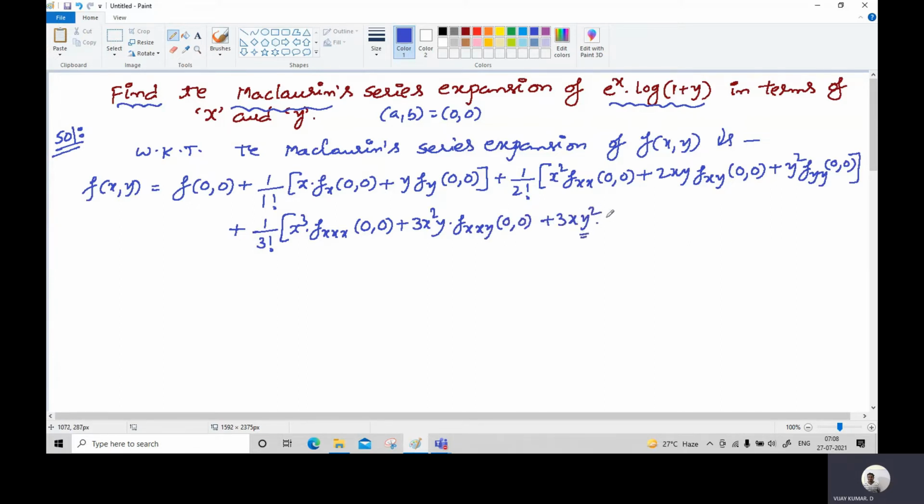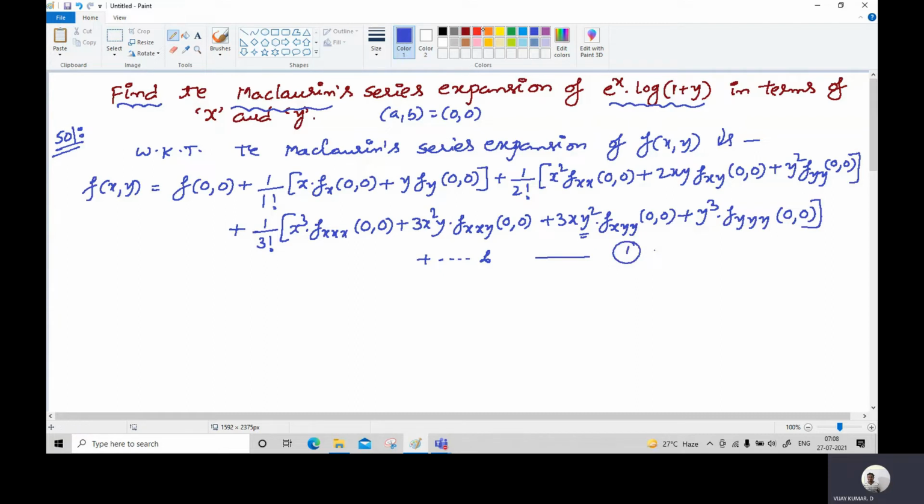Since we have y square, the differentiation here is fx double y at origin plus y cube, not 3, y cube f triple y, third order partial differentiation of f with respect to y at origin plus 1. Okay, if you do not have good knowledge on the partial differentiation, don't take this term. At least you have to write up to this term. Okay, take it as equation number 1.